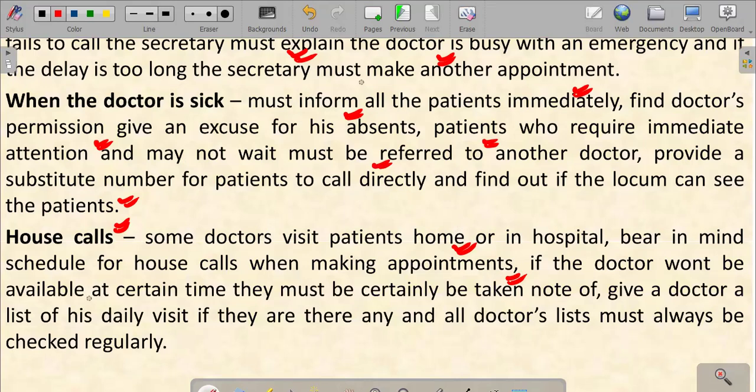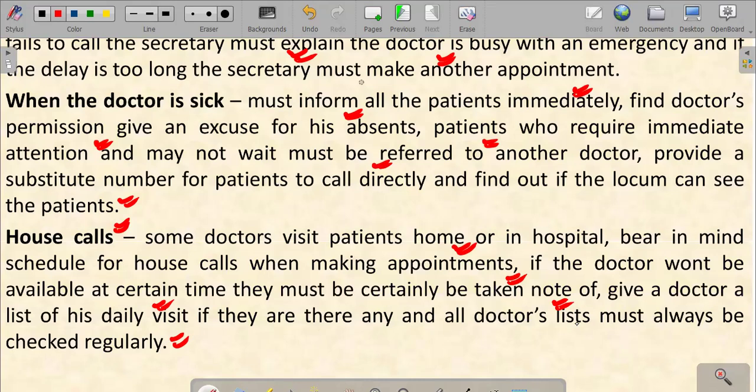Give the doctor a list of daily visits if there are any, and all the doctor's lists must always be checked regularly. The doctor's list, what he or she has to do, must be checked regularly to identify areas of contradiction or areas of concern that might need to be rescheduled, where you might need to remind the doctor, where you might need to clarify and also clear some contrasting areas.